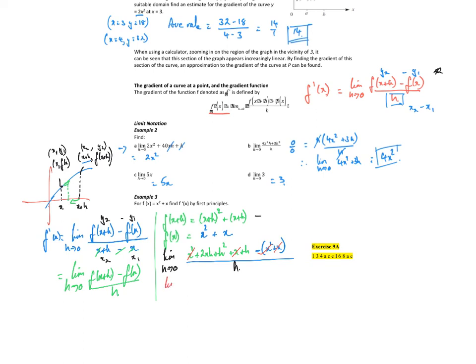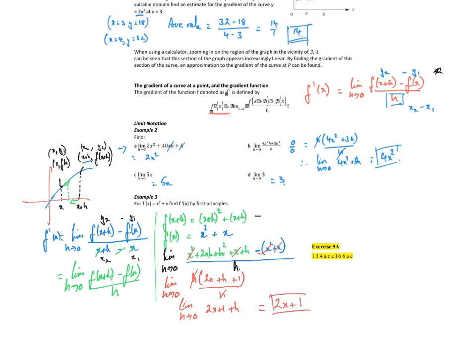That leaves me the limit as h approaches 0. I'm going to take h out as a common factor. That gives me h times 2x plus h plus 1, all over h. They cancel. So it's the limit as h approaches 0 of 2x plus 1 plus h, which is equal to 2x plus 1.